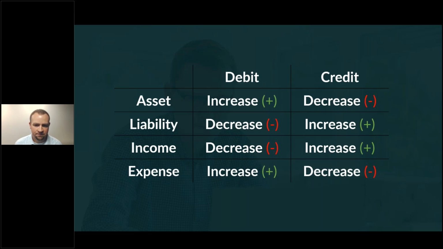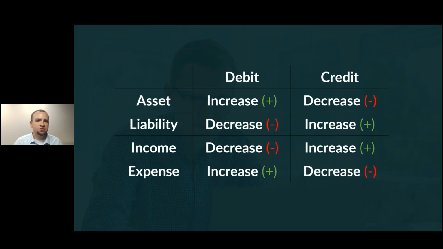Now, when you make a transaction, like we'll be doing in just a moment, all you're doing is making what's called a journal entry, where you are using debits and credits to adjust the balances of multiple accounts. So it gets very technical on the back end of making sure that each account is either debited or credited correctly.